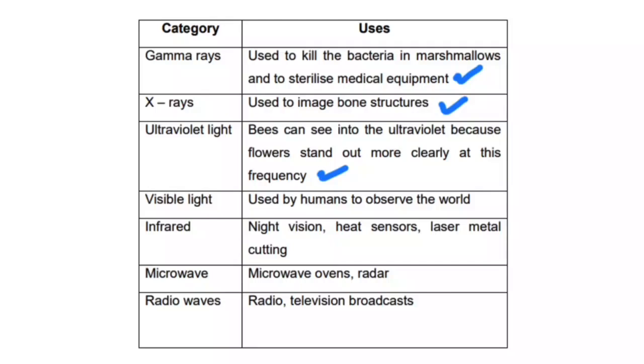And visible light, this is used by humans to observe the world. Infrared, on the other hand: night vision, heat sensors, and laser metal cutting. Microwave ovens, obviously. And radio waves: radio and television broadcast. So yeah, you need to know some of these uses, at least one for every EM radiation.